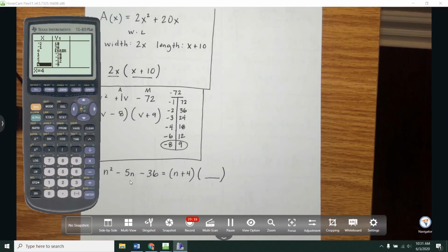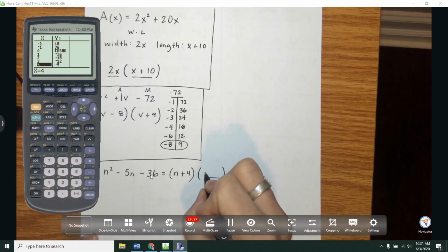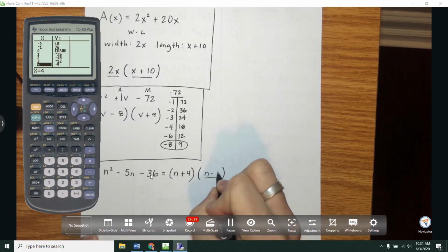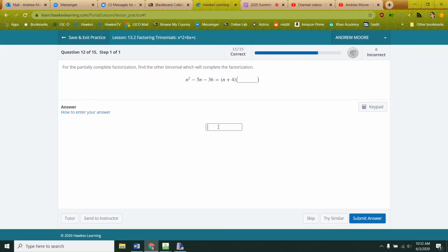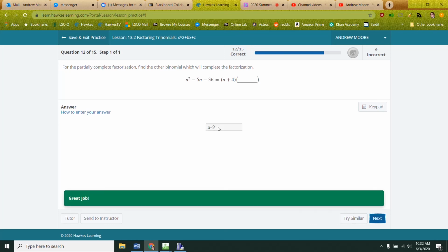Those add together to give us negative 5, and multiply together to give us that negative 36. So we know that n minus 9 belongs in our other spot. And you don't need to put it in parentheses, since that blank already has the parentheses up there anyways.